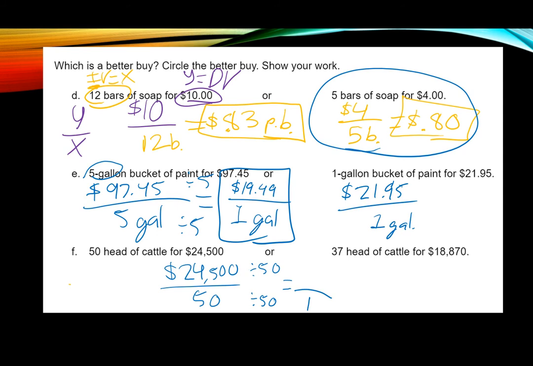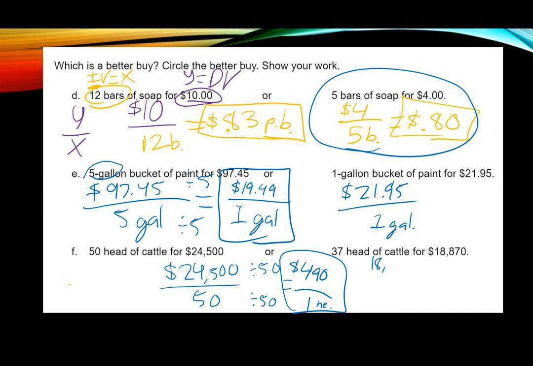Oh wait, I don't need a calculator for this. Let's see. 50 goes into 24 4 times plus 4. I think it's 490. Yeah, I think that's right. Sorry if I'm wrong. Trying to use my smarticle particles here.